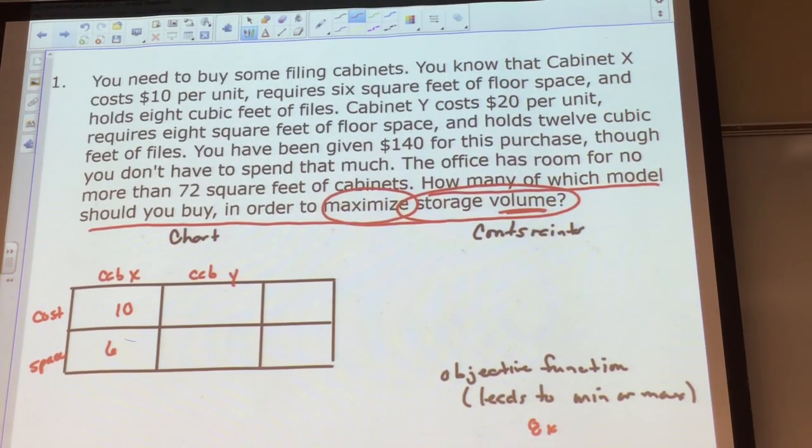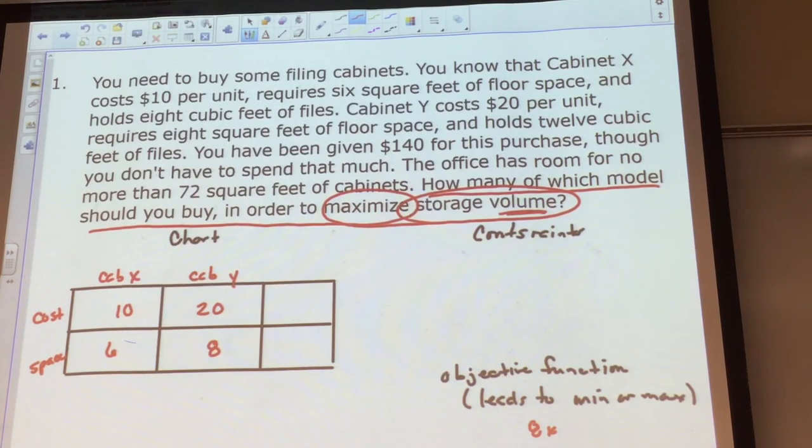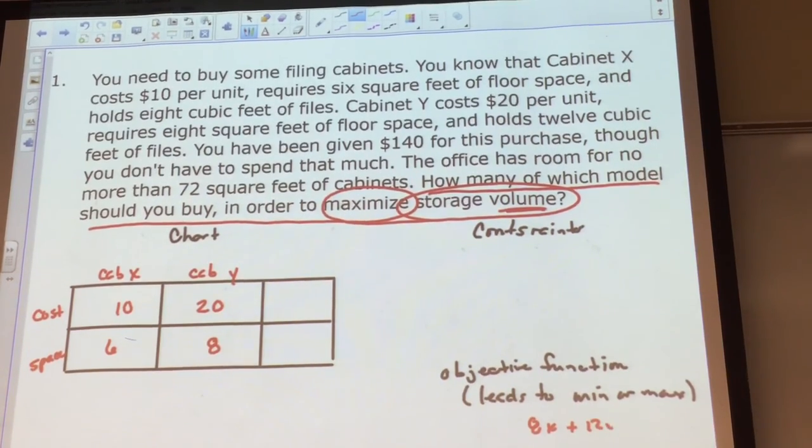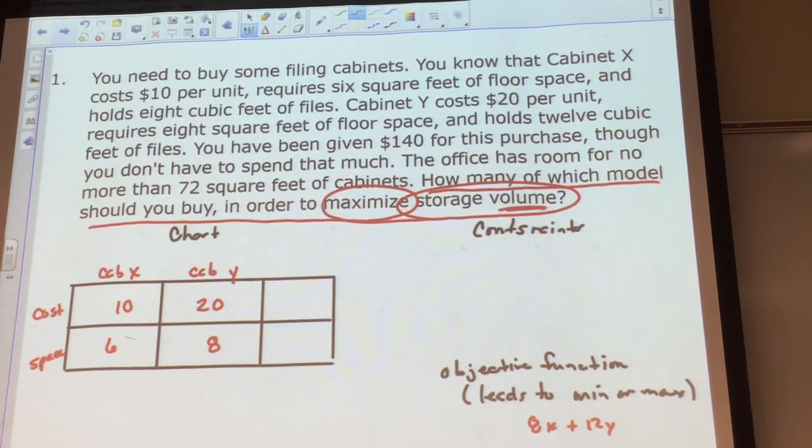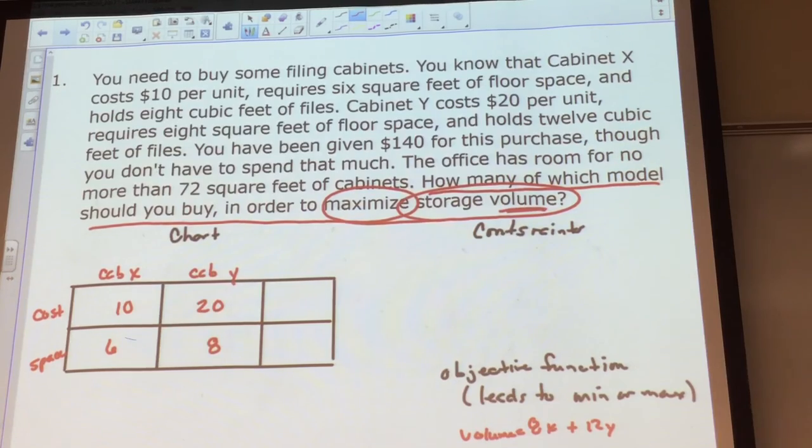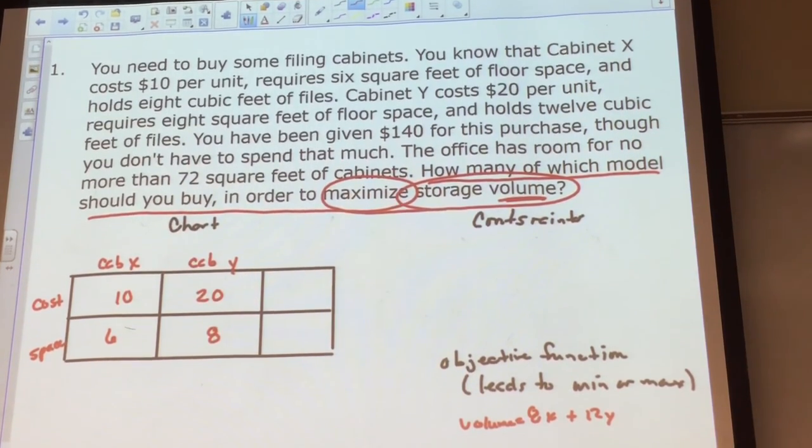Cabinet Y has a cost. It has a space that it takes up. And it holds volume. So this objective function uses the information on volume. And now the thing we probably might have been looking for to begin with, the totals.